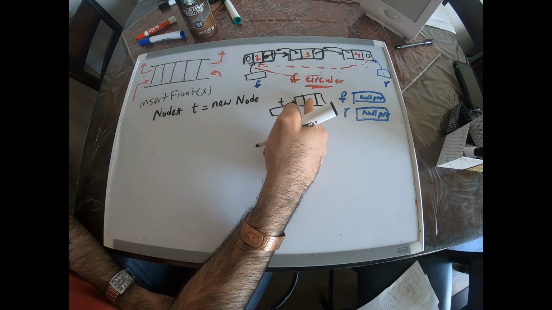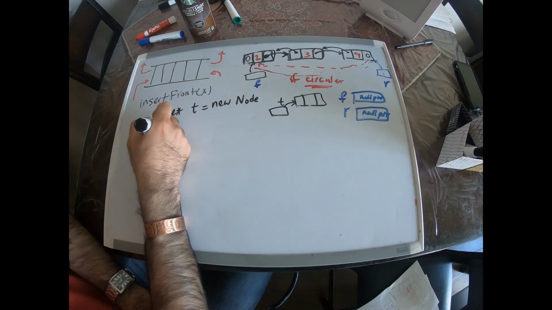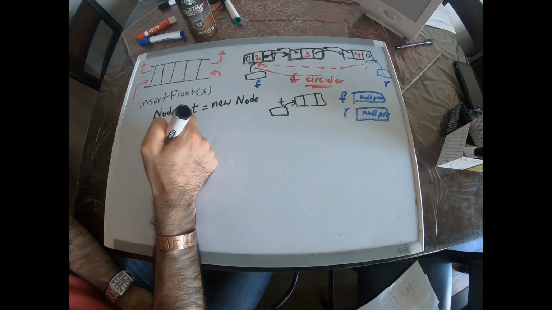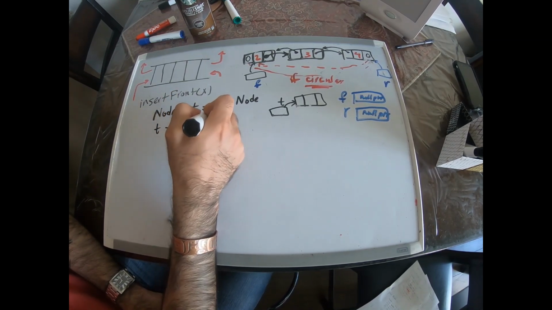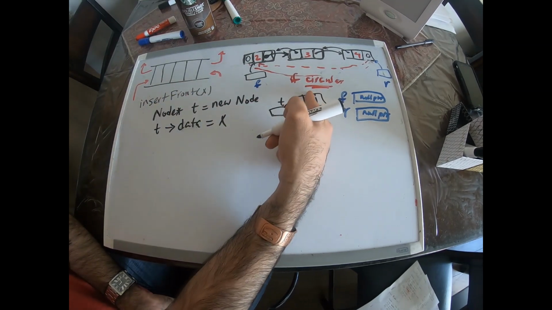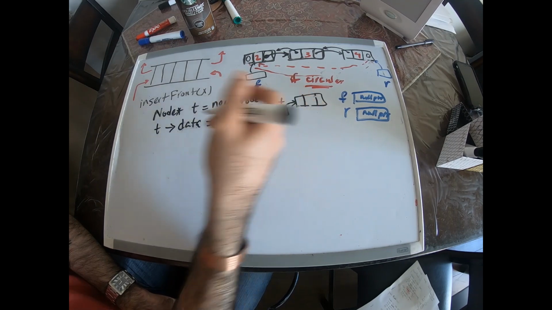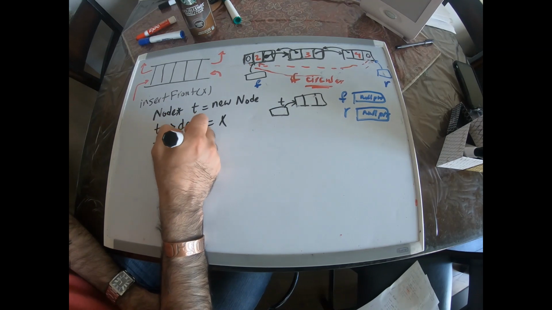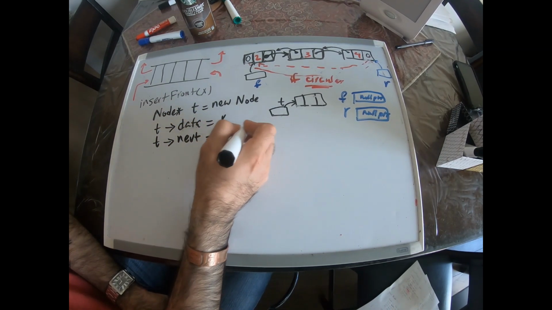What do I want to put inside the data part of it? T arrow data is equal to x. Whatever you want to insert, that's the data, right? That's where it goes here. Okay, let's initialize both the next and previous pointer to null for now.